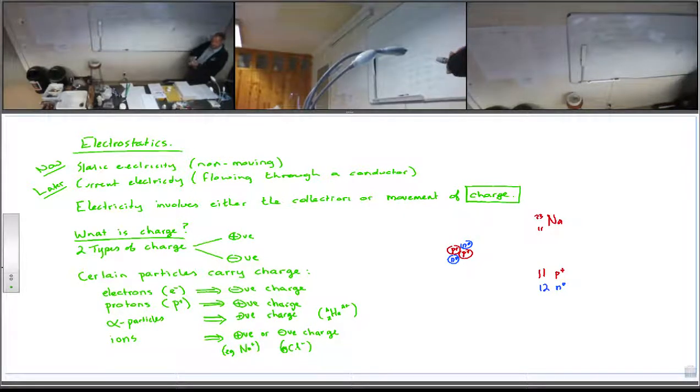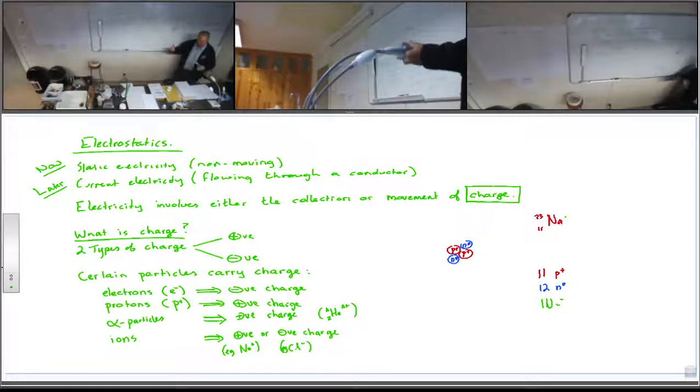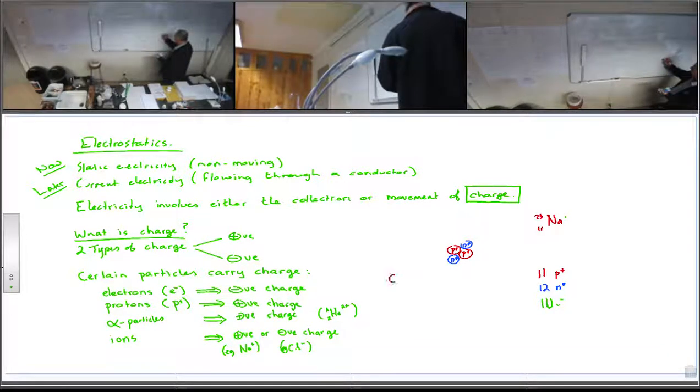How many electrons? Normally, how many would it have as if it was just sodium? It would normally have 11 electrons. But if I make it sodium positive, it's only got 10 electrons. Okay. So is there anything new in a sodium positive that's carrying charge other than electrons and protons? No.